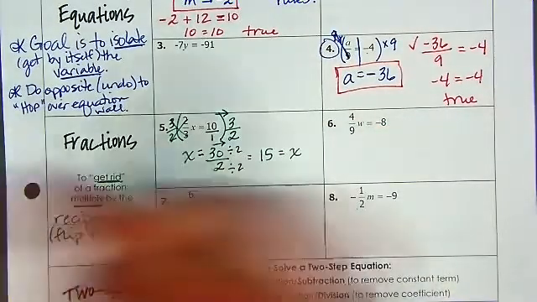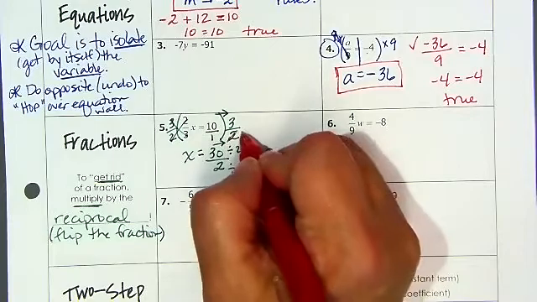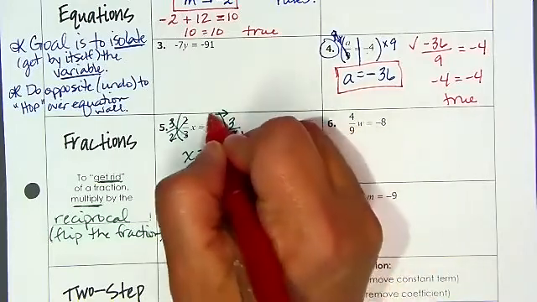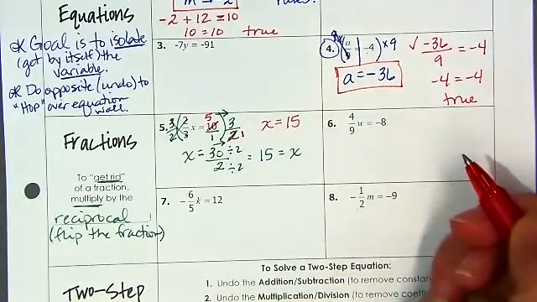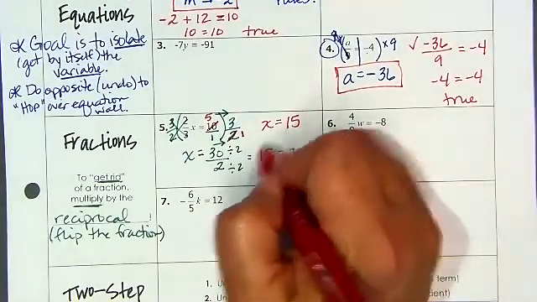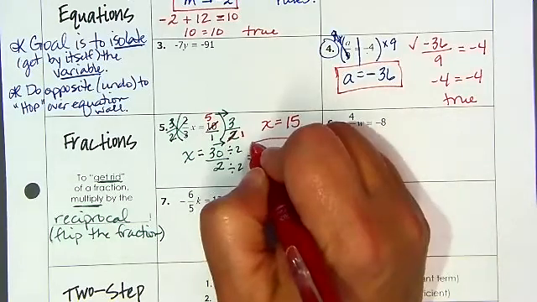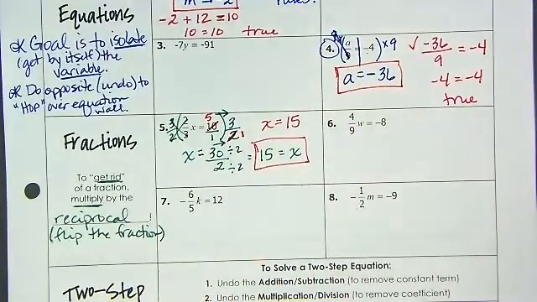Now you could have also seen right here, 2 goes into 2 one time, 2 goes into 10 5 times, so I end up with x equals 15. You could have worked it either way, and then you would check it. For space purposes, I'm not going to check this one for work. Okay, so here we go.